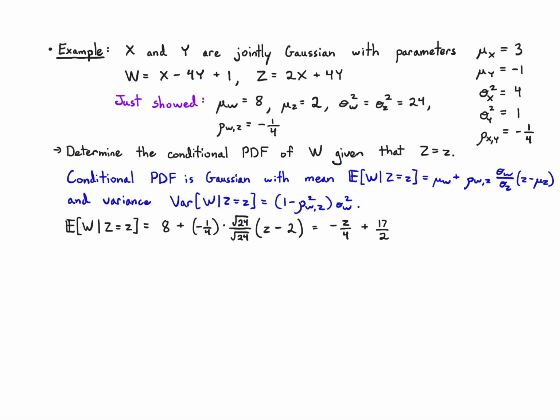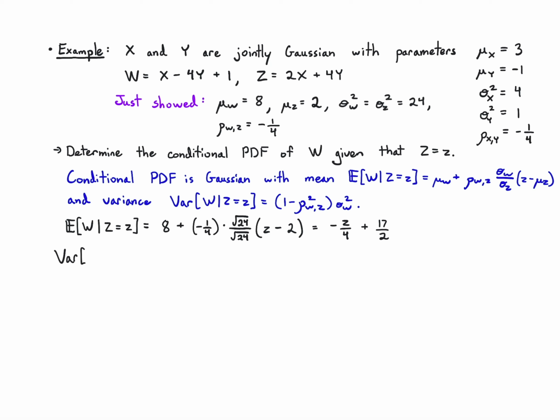Okay, so what that means is that if I'm trying to figure out the average value of W after observing Z, I take Z and multiply it by minus 1/4, and that makes sense because that's the correlation coefficient, which tells me how they're linearly related. So it makes sense that it's capturing this slope, especially since their variances are the same, so there's no need to rescale Z in terms of W. And then I just need to deal with a mean offset, which I did with 17 over 2.